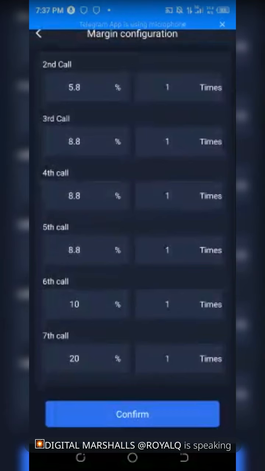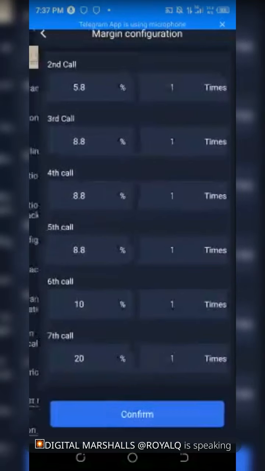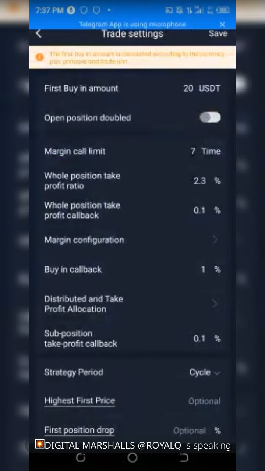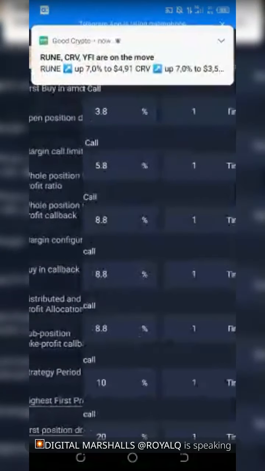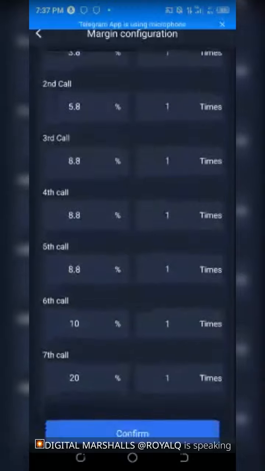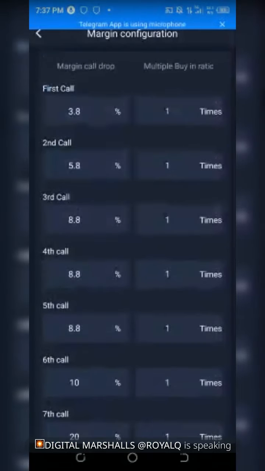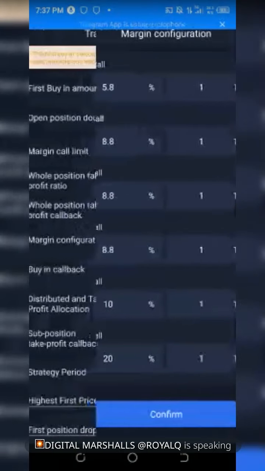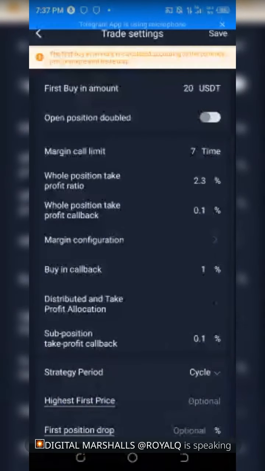You see the confirm button is highlighted in blue. Good. Then let me let you watch it again. So you set it. So this trade, $160 will be enough to cater for it. Beautiful. Now the next thing you go to is buy in callback. Buy in callback means that it's 1% here.